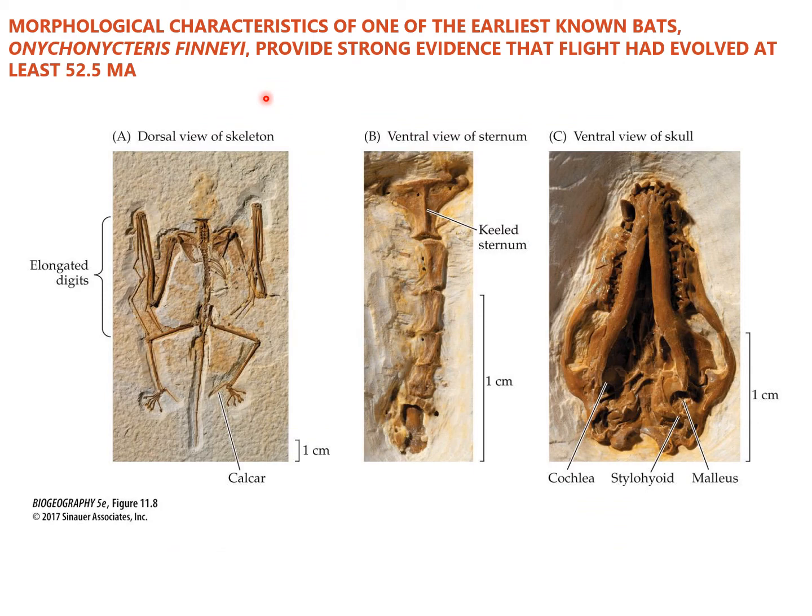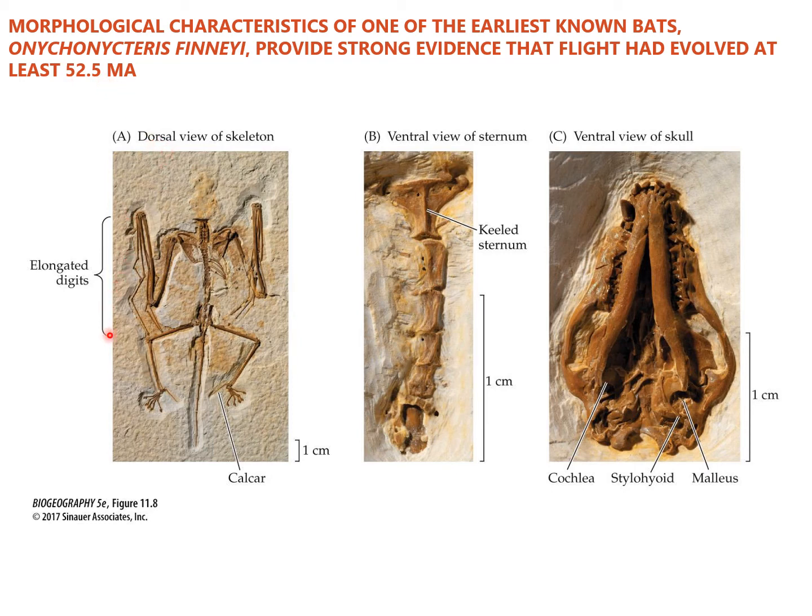This is an interesting one. You're looking at the morphological characteristics of one of the earliest known bats, which provides strong evidence that flight had evolved at least 52 million years ago. I don't remember exactly where the estimate was before this, but I'm pretty sure this fossil pushed that date back quite a bit, to 52.5 million years ago.